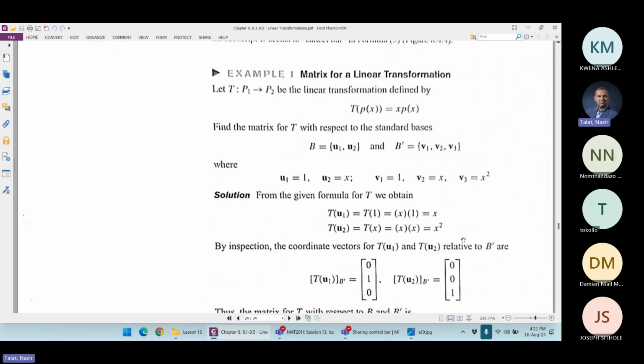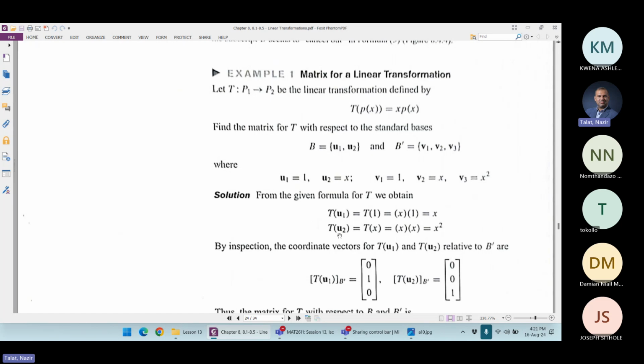So one can see that P2 contains all the elements of polynomials of degree 2, whose dimension is 3. So if we pick the coefficients, it will be the coefficient of the constant, the coefficient of x, and the coefficient of x square. For T(u1), the coefficient of x is 1, and the coefficient of x square and the coefficient of the constant are 0. So it will become 0, 1, 0.